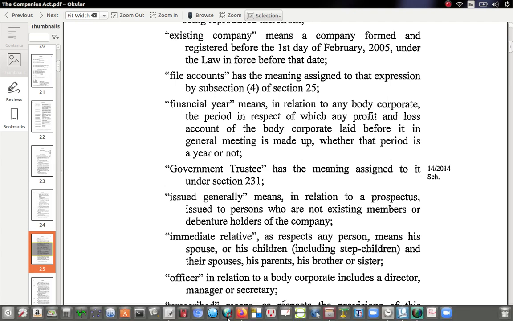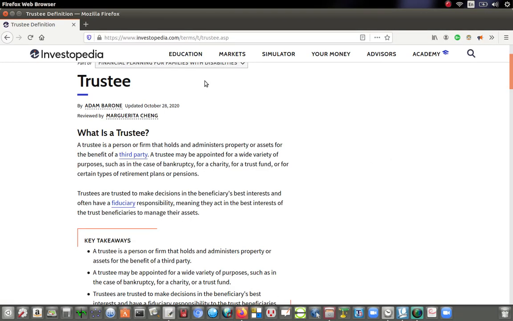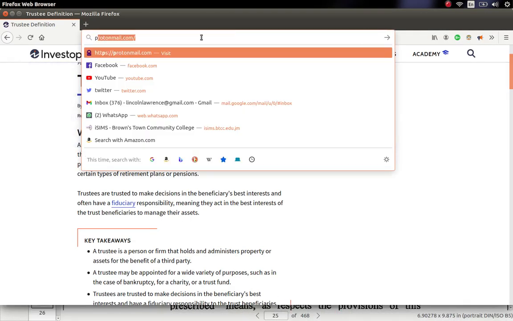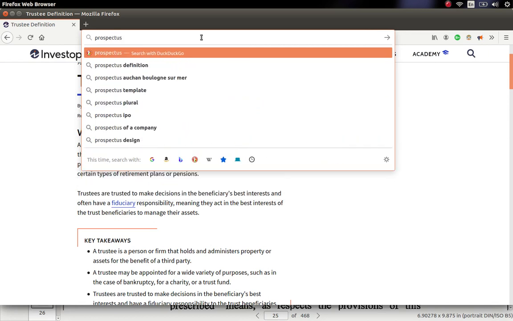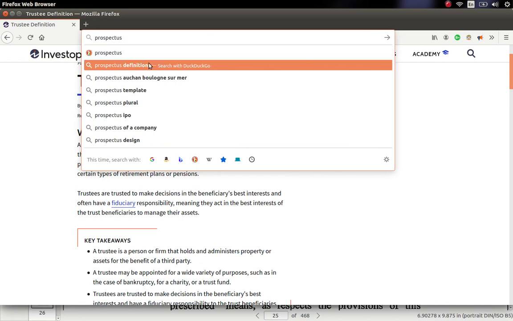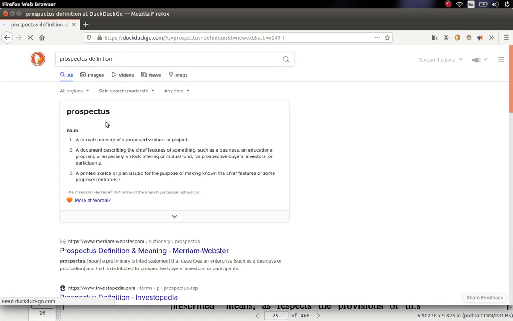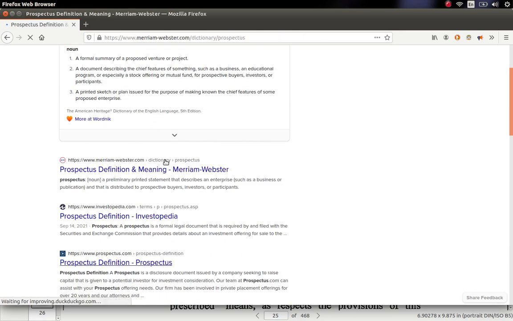Alright, prospectus. What is a prospectus? Let's see. Oh, I'm looking at Merriam-Webster.